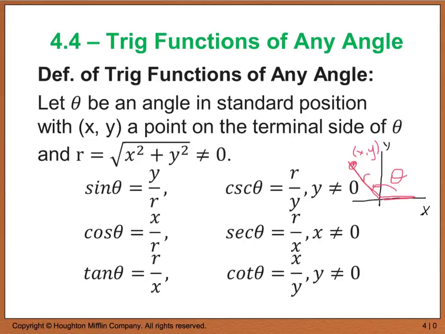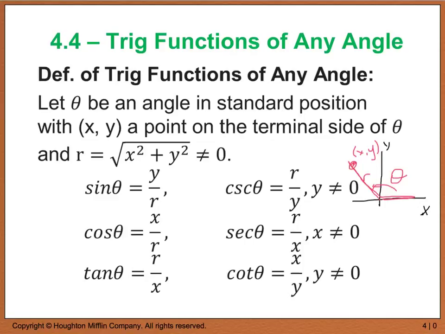Just to point out, x squared plus y squared, and then taking the square root, is really the distance formula, and because our angle is in standard position, the center of that circle is at (0, 0). Therefore, that's where the x squared plus y squared comes from.